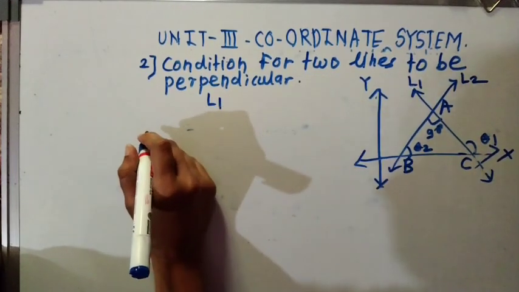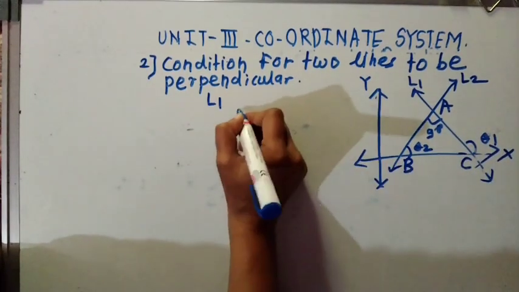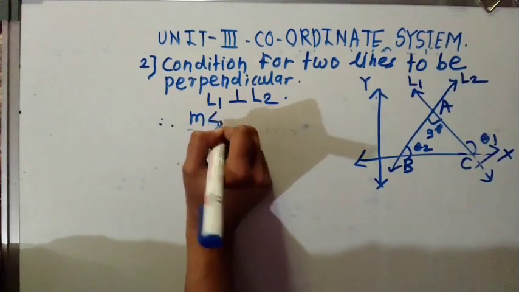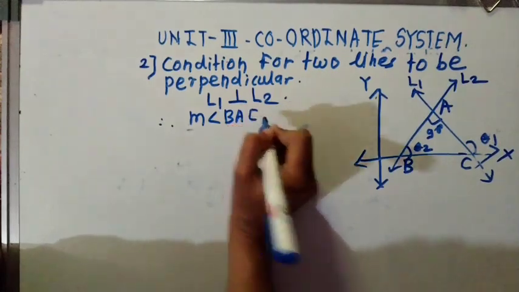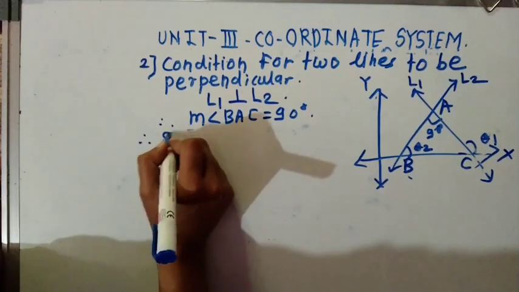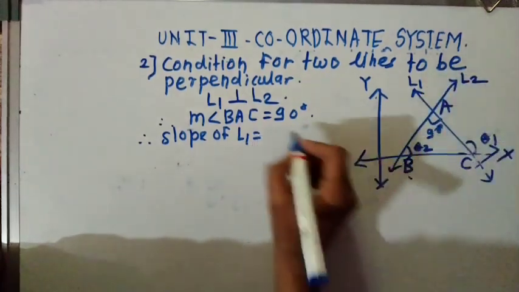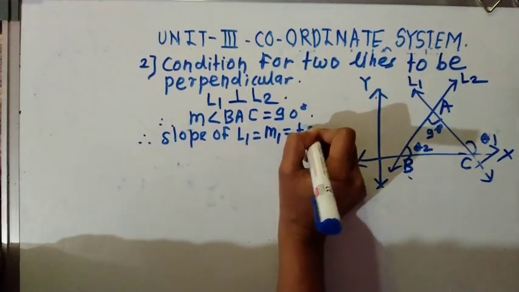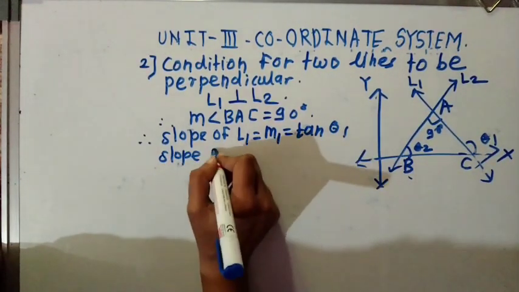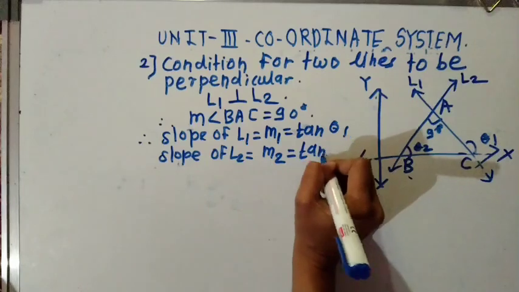L1 and L2 are two lines with inclinations theta 1 and theta 2. Then L1 is perpendicular to L2. Then in triangle ABC, measure of angle BAC is equal to 90 degrees. The slope of L1 is m1 is equal to tan theta 1, and the slope of L2 is m2 is equal to tan theta 2.